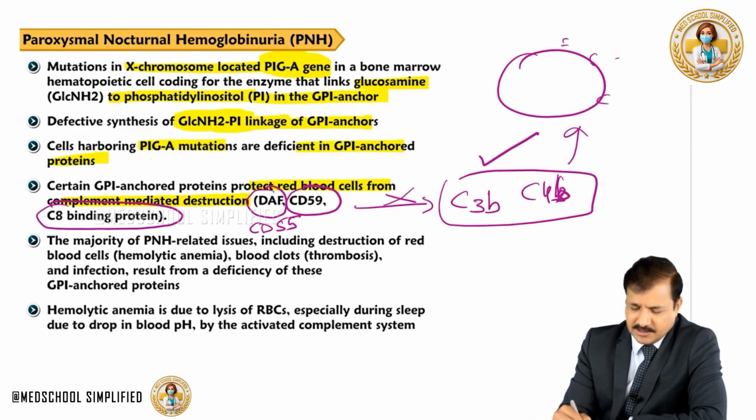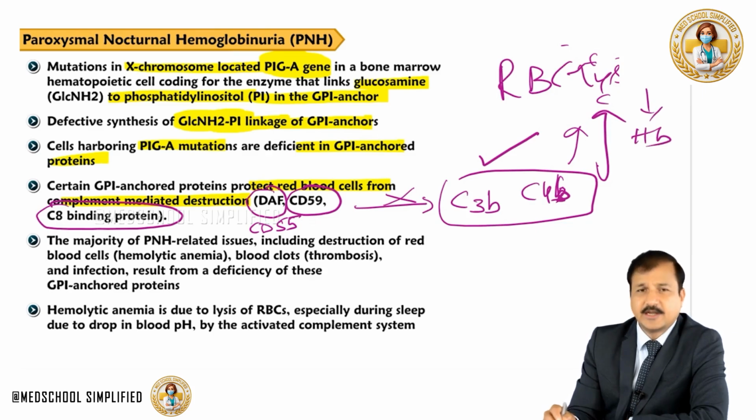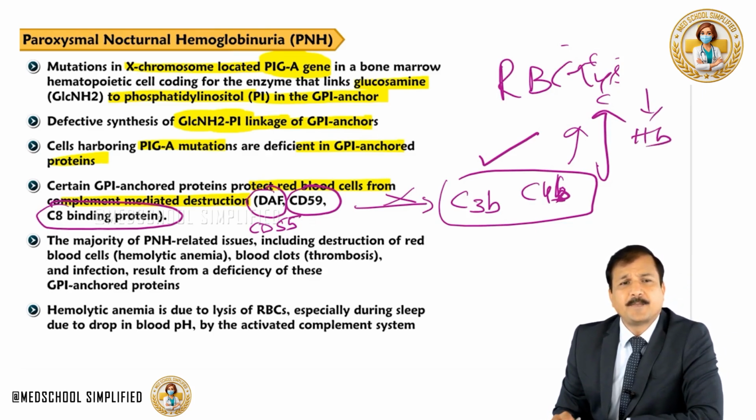So that means C3b, C4b, the classic and alternate pathways of complement system will be activated. They are going to lyse these red blood cells. So RBC lysis will happen. Hemoglobin will be released, leading to hemoglobinuria. And that's what happens in paroxysmal nocturnal hemoglobinuria.